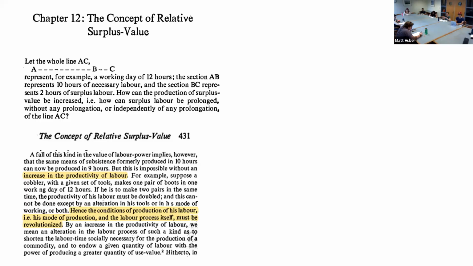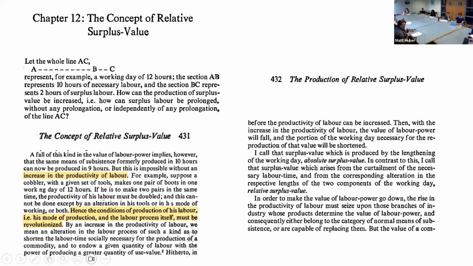So it's quite striking that we entered the hidden abode of production almost 200 pages ago, and we haven't quite got to what you could consider part of what makes capitalism, which is this relentless drive to technologically innovate and make the labor process more efficient and more productive.